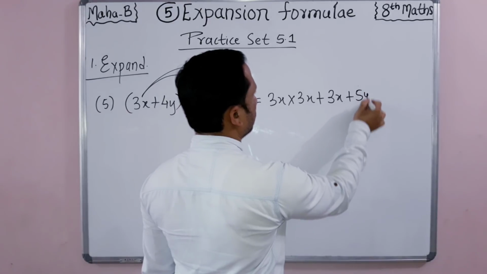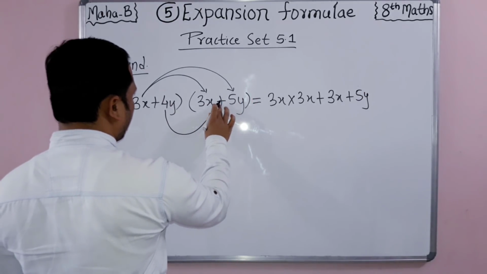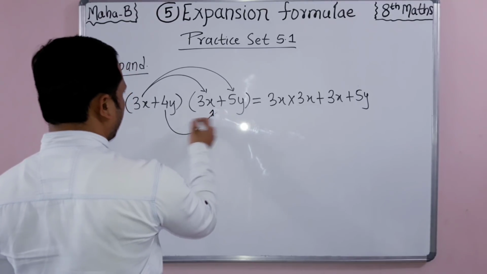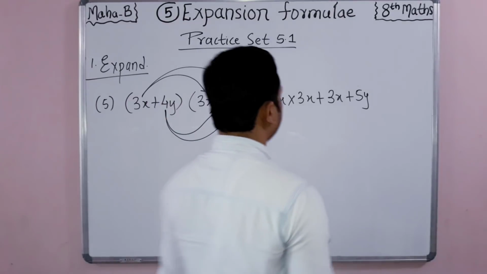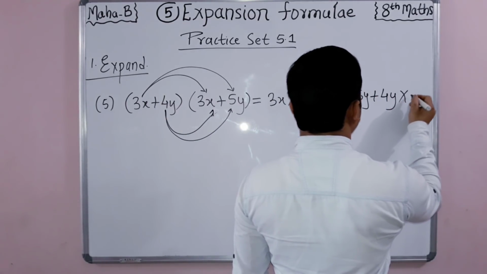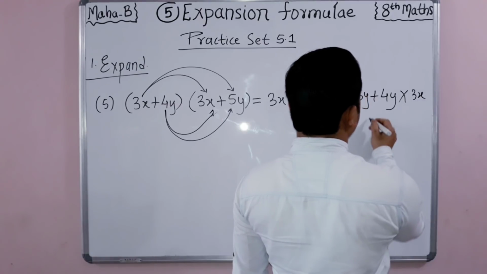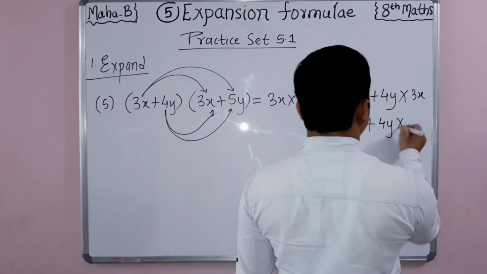Then again multiply the 4y into 3x and 4y into 5y, so plus 4y into 3x and plus 4y into 5y.